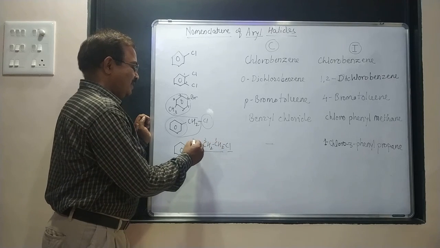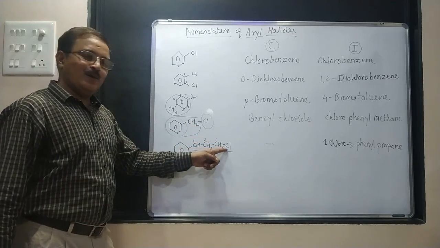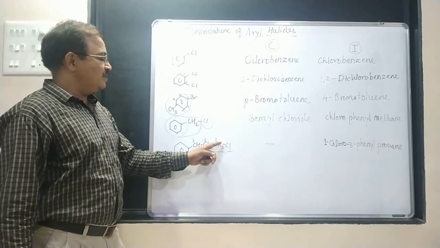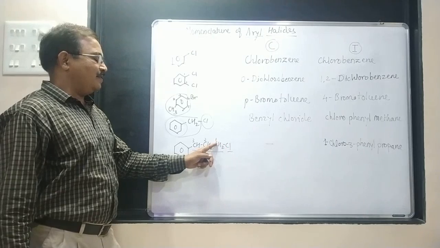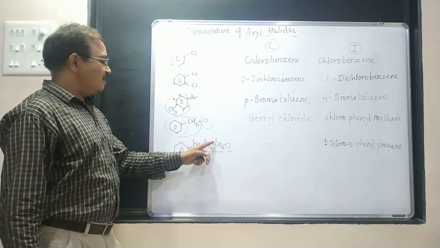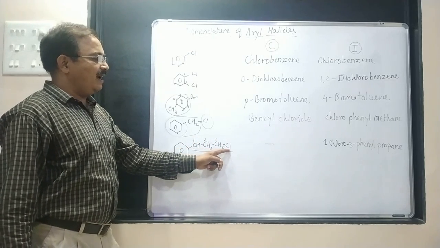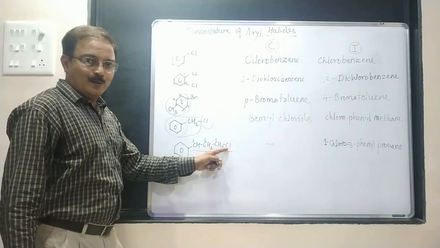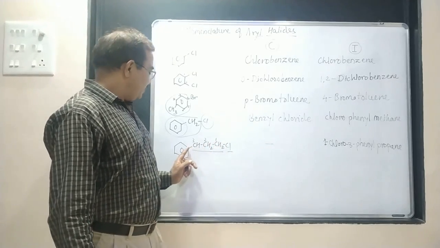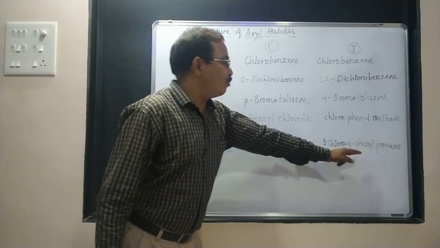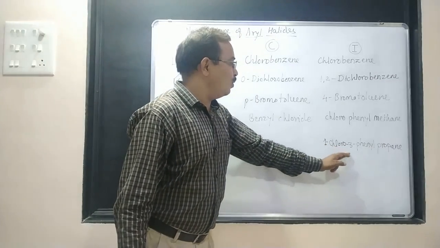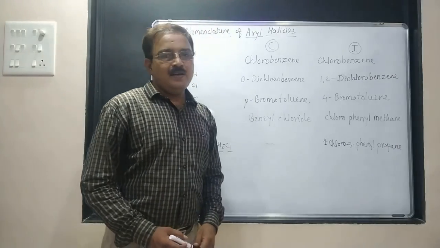So, I have started the numbering from the halogen end. This carbon atom is nearer to the halogen, so the first number is given to this, 1, 2 and 3. Again I will give the first preference to the halogen. So, 1-chloro-3-phenylpropane is the IUPAC name.